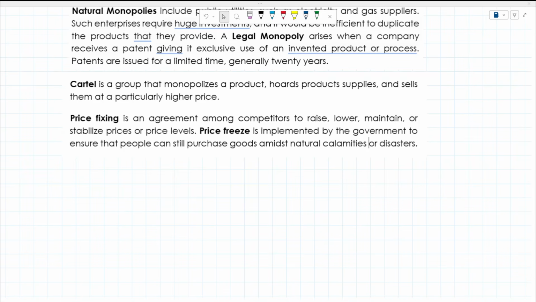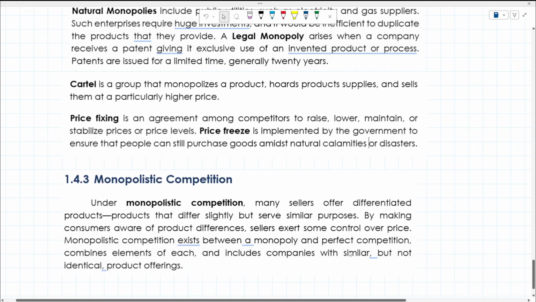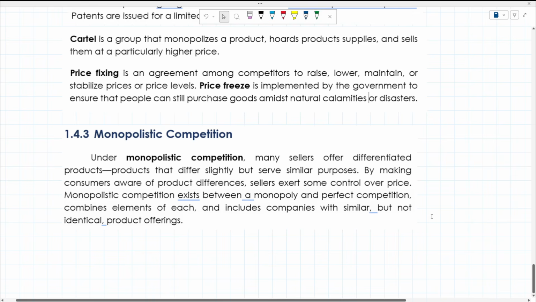Anyway, so much for monopoly. Let us now go to monopolistic competition. So this is like an oxymoron, right? Kasi monopoly pero competition, but it exists. So, monopolistic competition is where many sellers offer differentiated products, products that differ slightly but serve similar purposes.